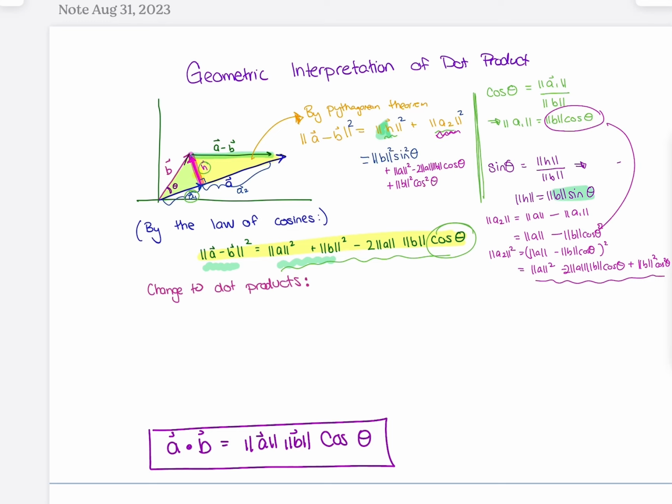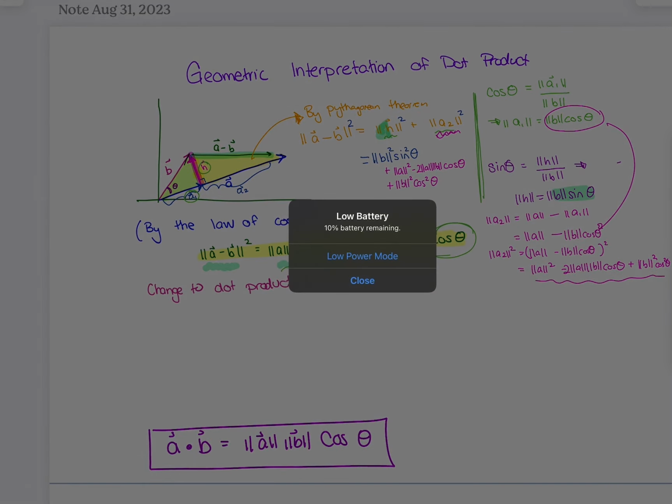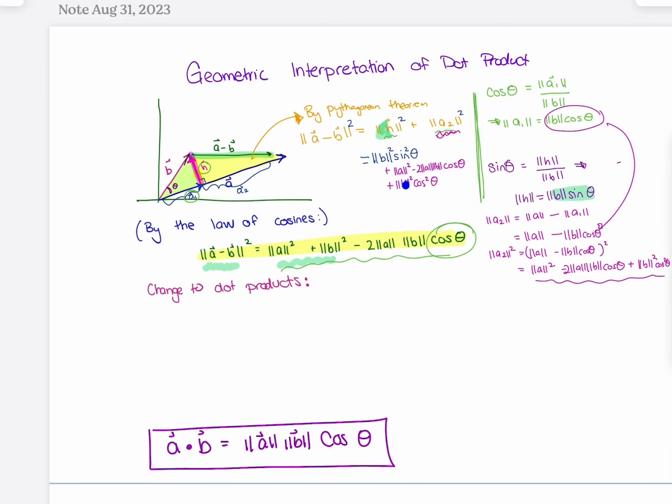Now here you might be recognizing that I have terms that have both this B squared cosine squared theta and a B squared sine squared theta. So if I take those two terms together, here and here, I'm going to get magnitude of B squared times sine squared theta plus cosine squared theta.